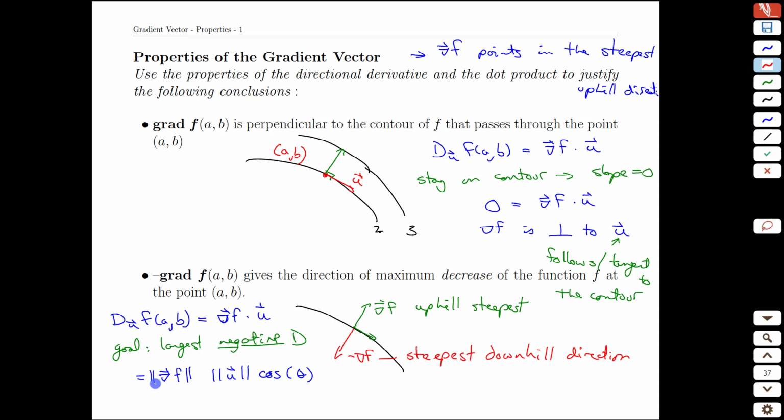Again, the gradient is a vector that we get at a certain point, it's fixed. The vector u is always a unit vector, so it's always length 1. And that leaves us choosing the cosine of the angle between them.